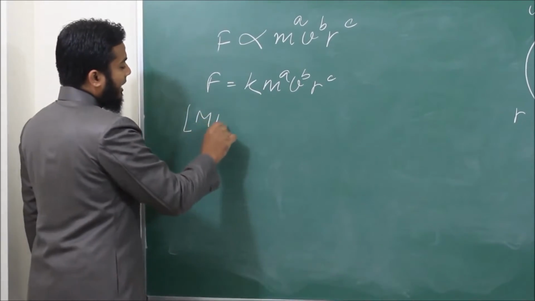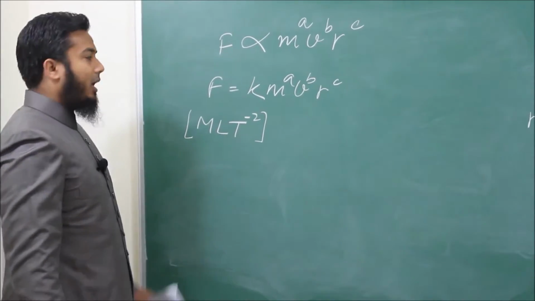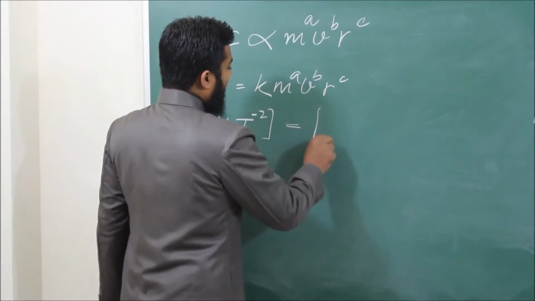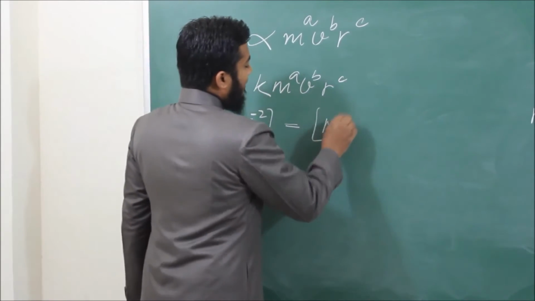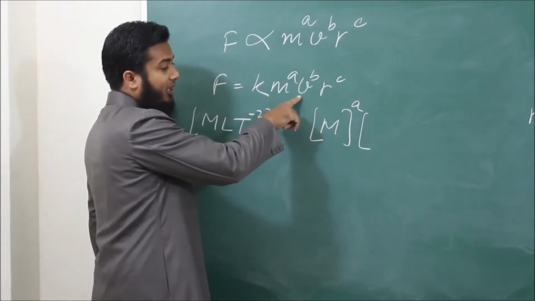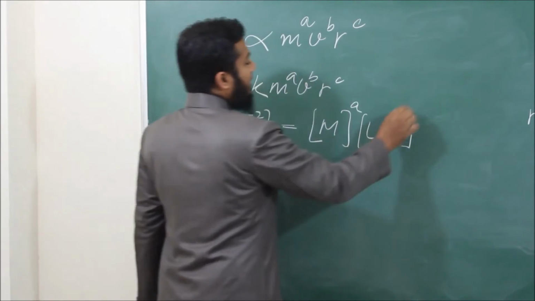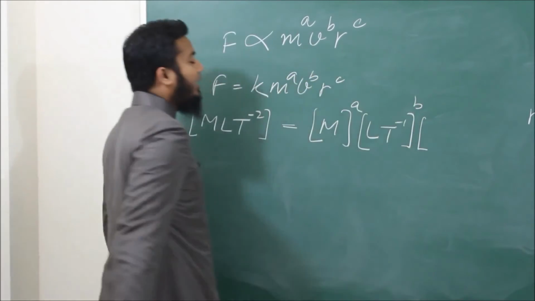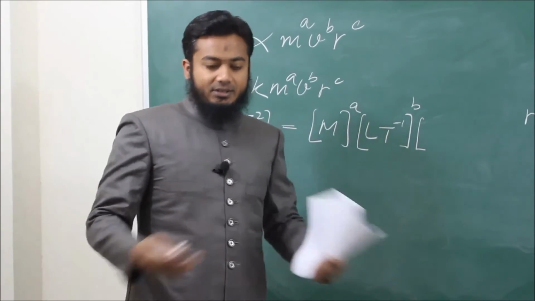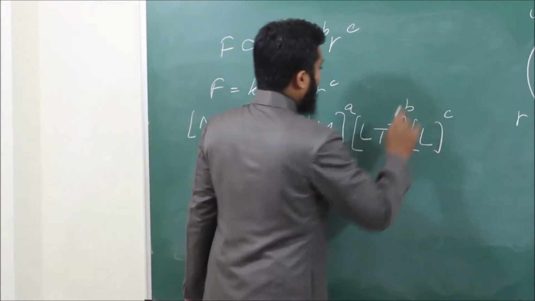For force, the dimensional formula is M L T minus 2, and I suppose that this k has no dimensions. Then the dimensional formula for mass raised to the power a, then we have speed, which is L T minus 1, and it has power b, so total power b. Then you have radius. What is radius? It is simply length, distance. So for length we have L raised to the power c.